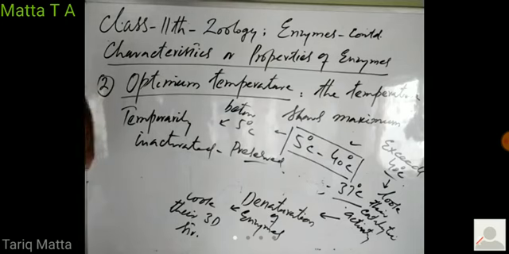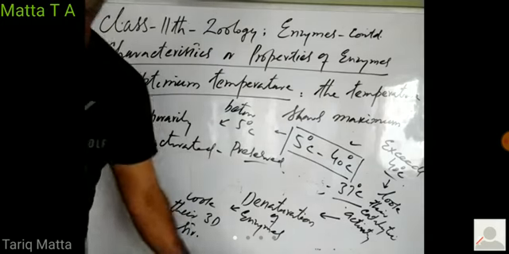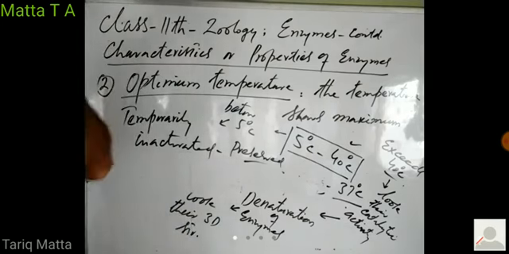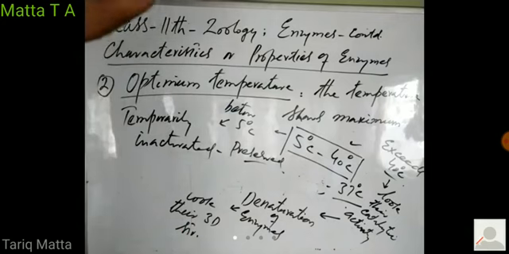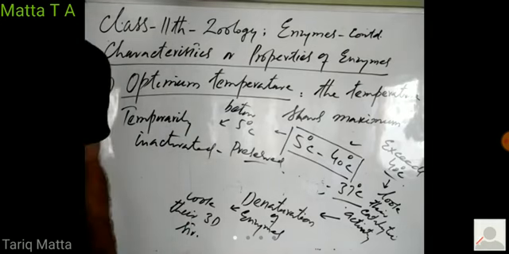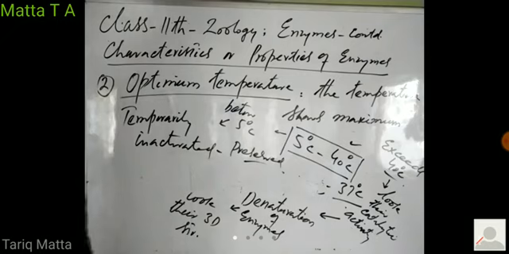Most of our foodstuffs are spoiled by the enzymes of bacteria. When we keep food at home for one or two days, that food gets spoiled by the action of bacteria. Bacteria release enzymes, and those enzymes cause decomposition of that food. So how do we preserve that food?